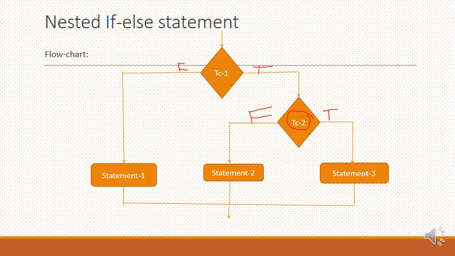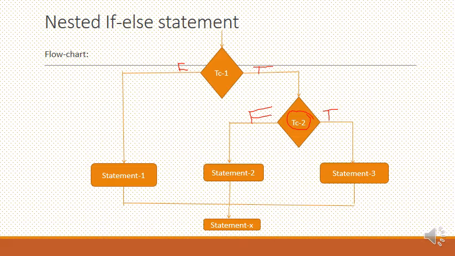And the important point is the statement X. That means if this is false, it is going to execute statement 1. Then it is going to execute the next statement available in the program. That means this block is not executed.